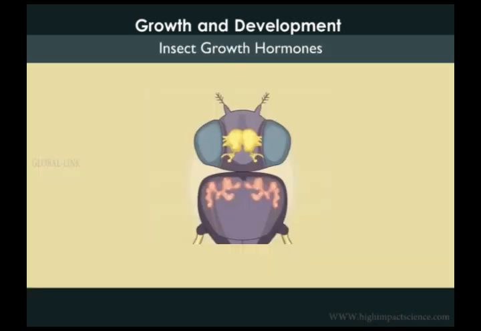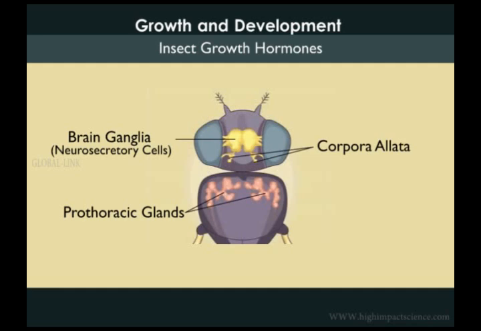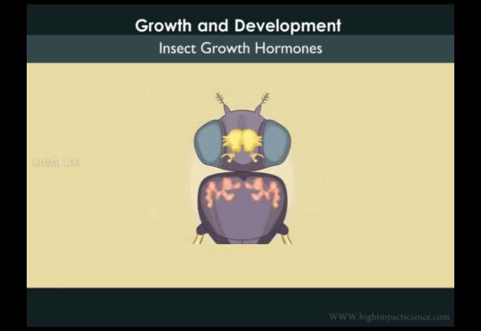This whole process of metamorphosis is controlled by hormones. The hormones are produced by three glands, namely the neurosecretory cells in the brain ganglia, a pair of corpora alata located in the mandibular segment, and prothoracic glands in the thorax. During the larval stages of the insect, the corpora alata produces juvenile hormone.